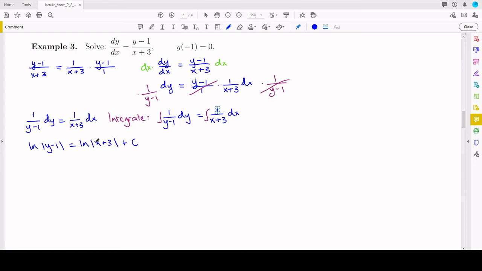This is an implicit solution to the differential equation, but we still need to figure out the value of c, and that will come from the initial condition.